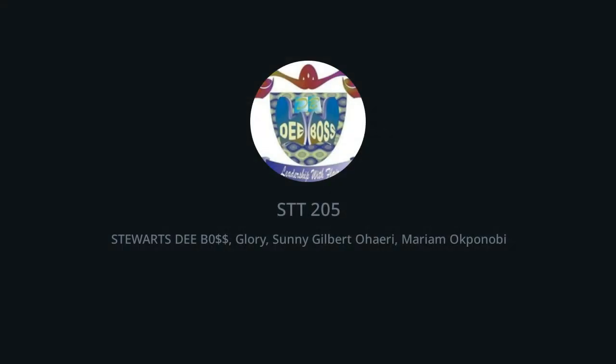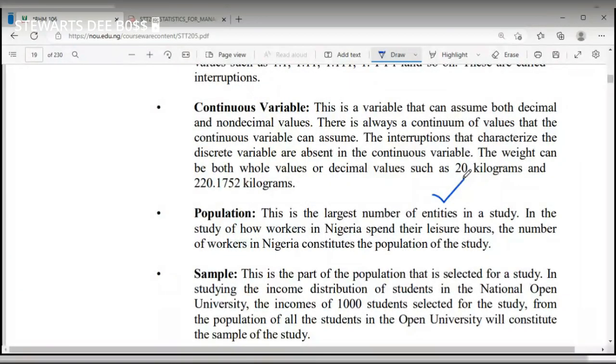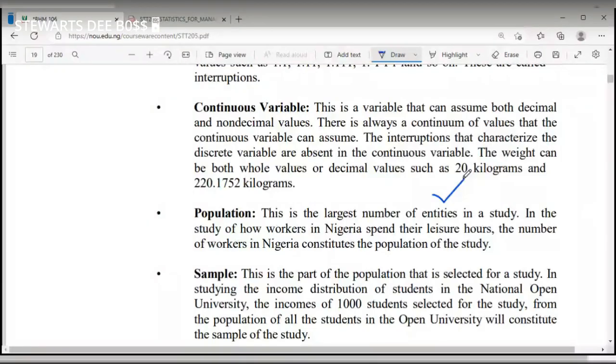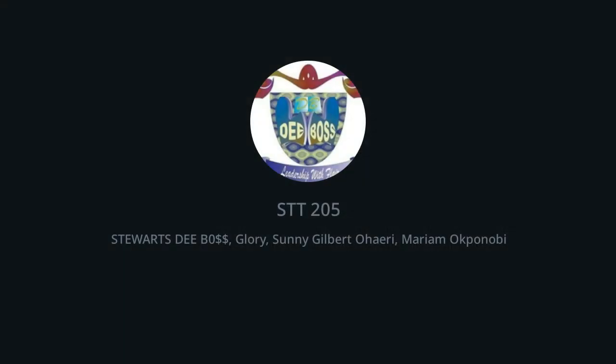If what you are studying is women, in this case women is your entity. That means every woman in the world is the population of that study because they are all members of that entity. In the study of how workers in Nigeria spend their leisure hours, the number of workers in Nigeria constitutes the population of the study.